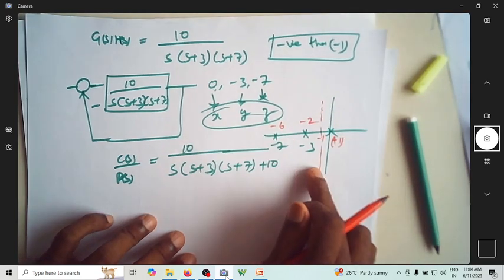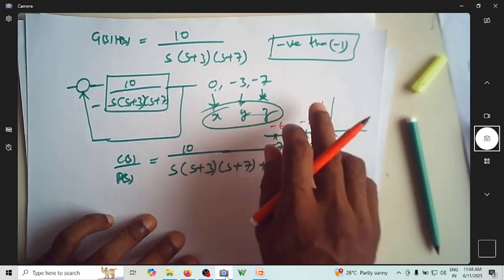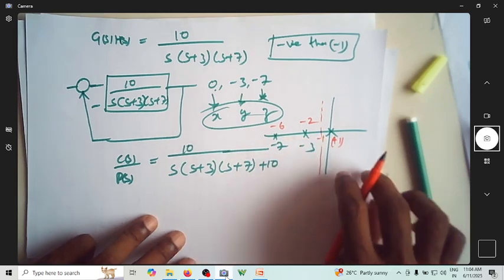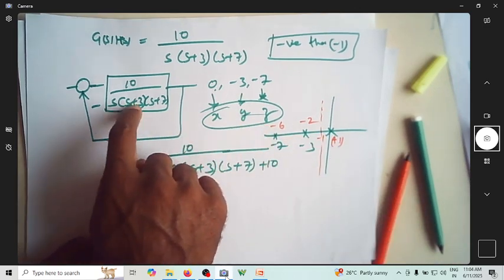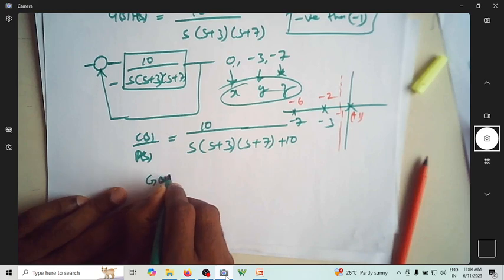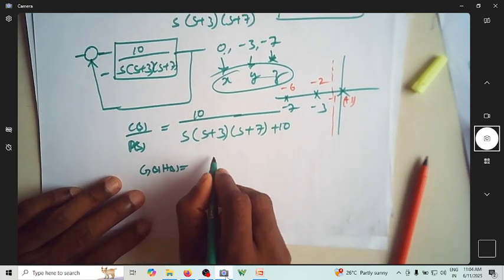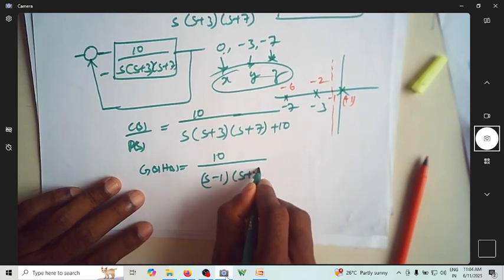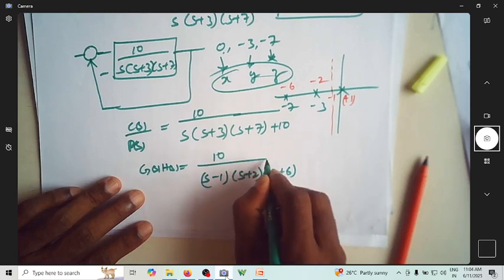So why am I shifting this origin? I'm shifting this origin to verify whether the poles are more negative than minus 1 or not. Once I change this, the transfer function G(s)H(s) will now become N divided by (s minus 1)(s plus 2)(s plus 6).